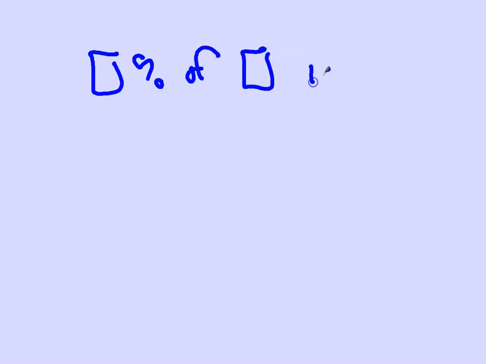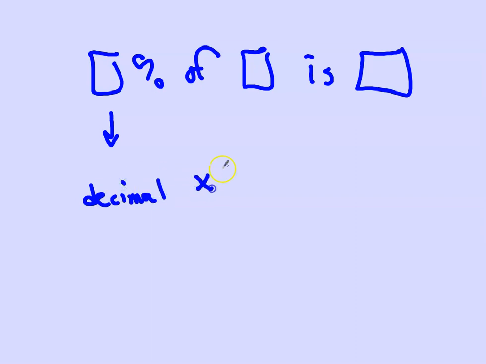So when you did the percent sentence, you had some number as a percent of some other number is the answer. Okay, so what we did here is write this as a decimal, multiplied it by this number and got that number.